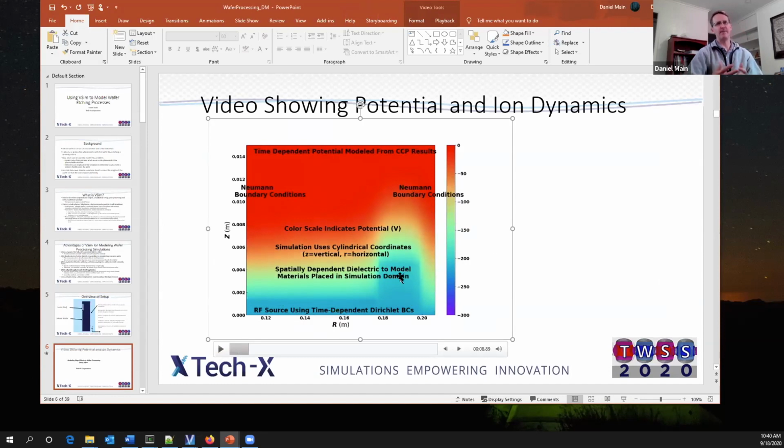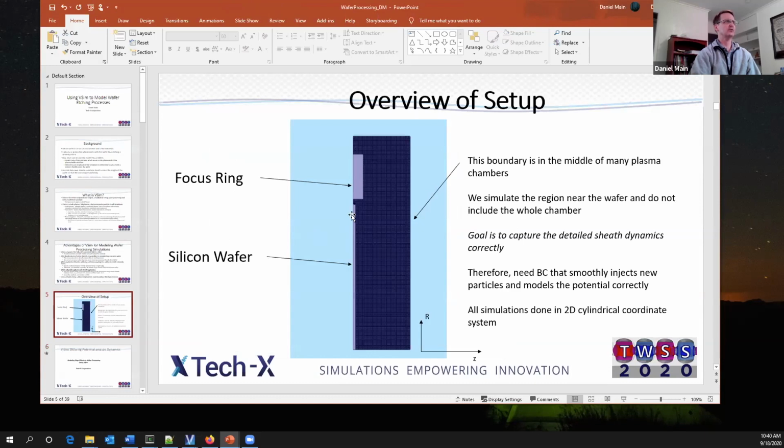And just as a bit of background for the non-specialists, a focus ring is put in, often with a very complex geometry, in an attempt to shape the electric field near the edge. Because without a focus ring, because of this edge right here in the wafer, you end up getting edge effects that modify the electric field and end up messing up the ions.